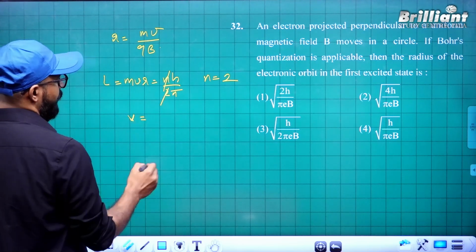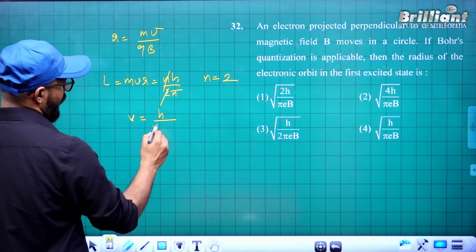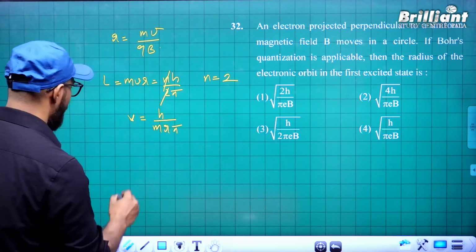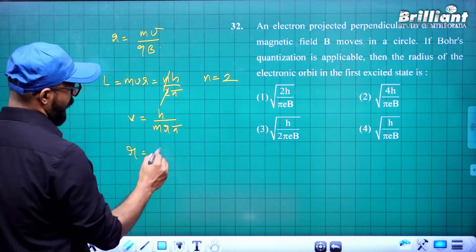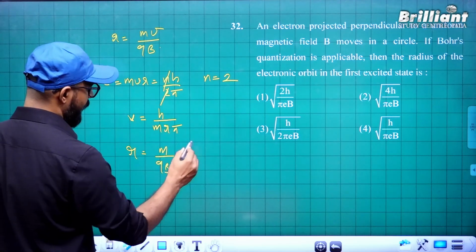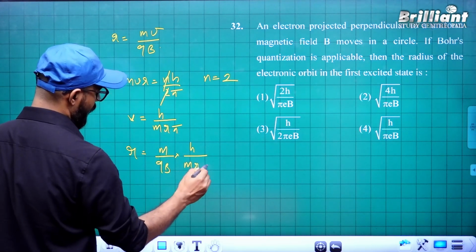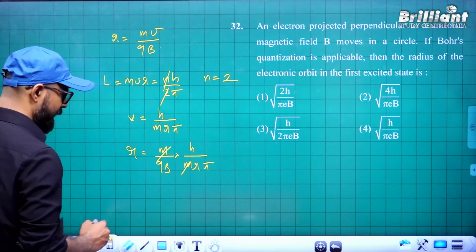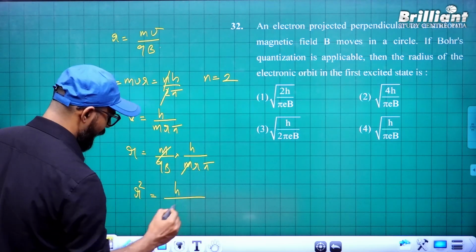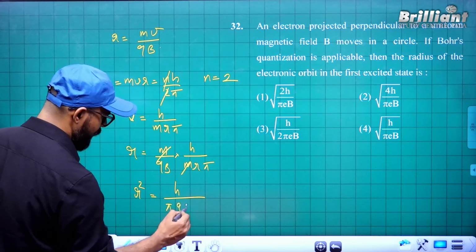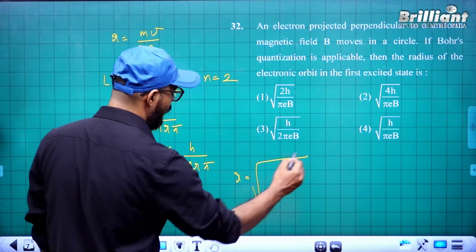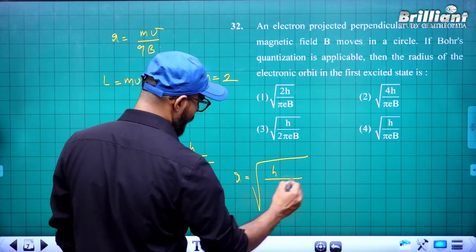V is equal to h by m r pi, and r is equal to m by qB into V, that is h by m r pi. m gets cancelled, so r square is equal to h by pi qB, and so r is equal to root of h by pi qB.